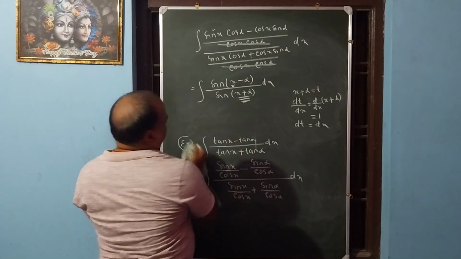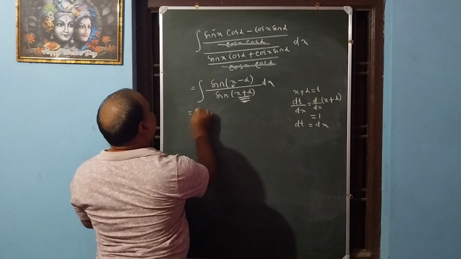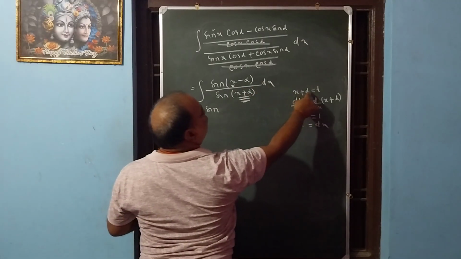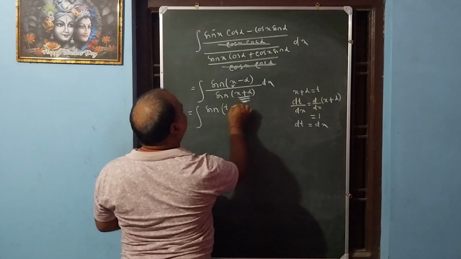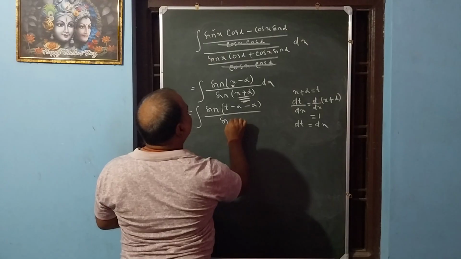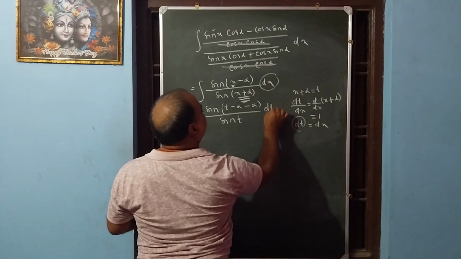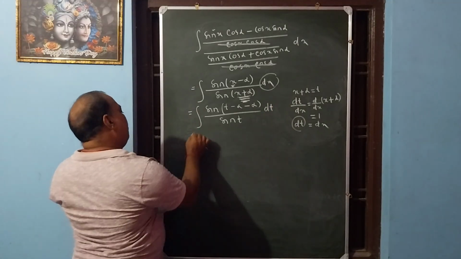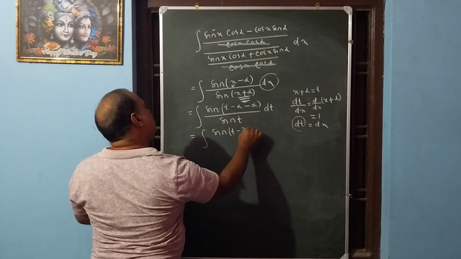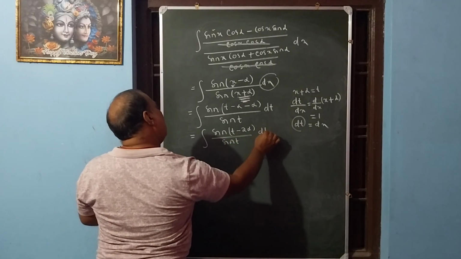So the integral becomes sin (t minus alpha minus alpha) divided by sin t, and in place of dx you have to put dt. So now it becomes sin (t minus 2 alpha) divided by sin t into dt.